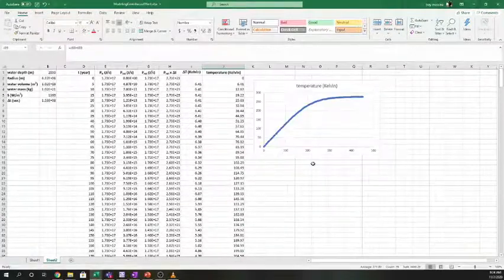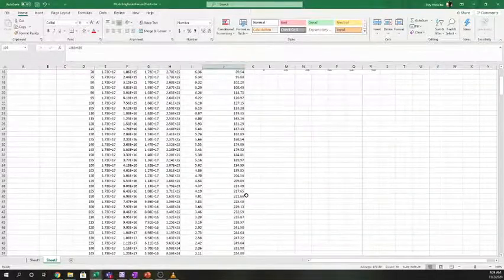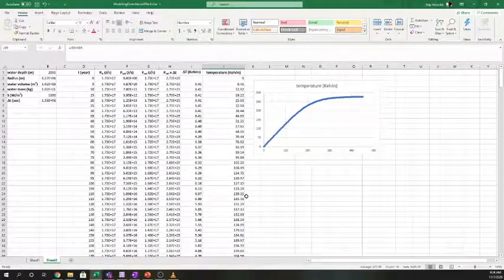Freezing, 0 Celsius, is 273 Kelvin, so we're talking about a few degrees Celsius above freezing, about 5 degrees Celsius. That would correspond to something like maybe 40 degrees Fahrenheit.